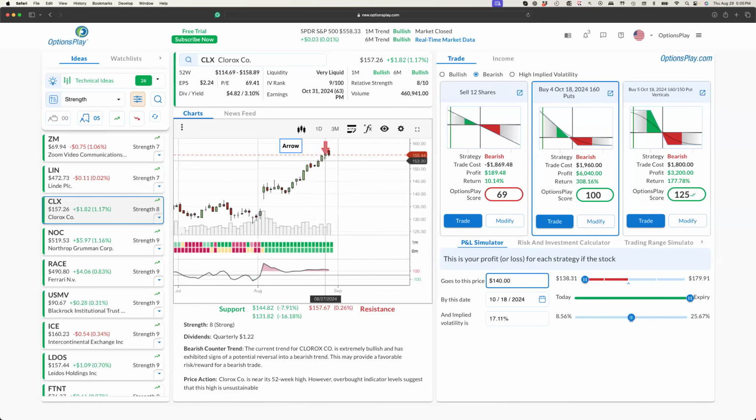So in 50 days or so, do I think it's a reasonable target to get back down to 140? I think that's not a crazy target price to the downside, to get down to 140 by mid-October. So a 300% return is very much a potential opportunity here while risking $2,000.